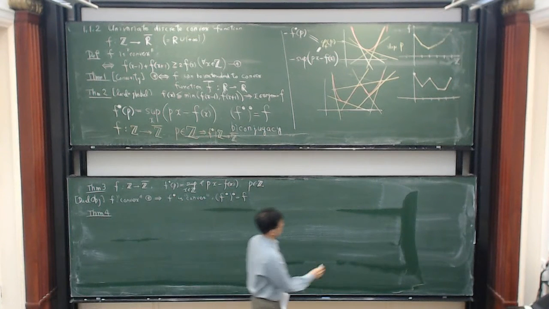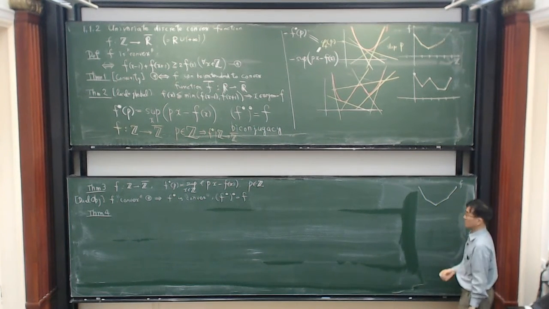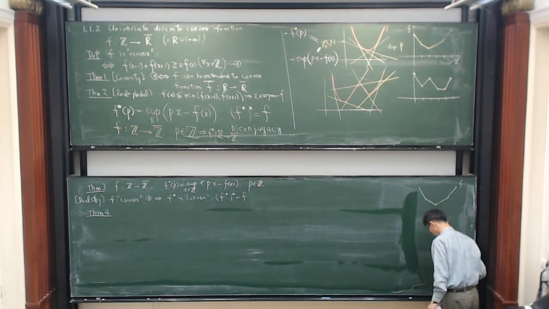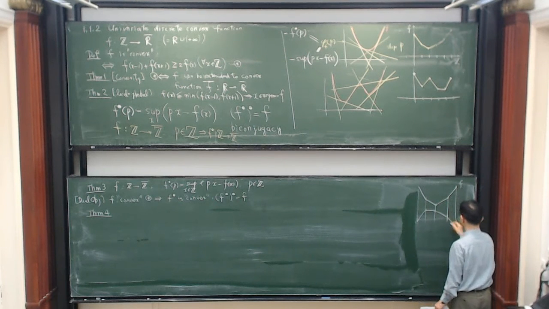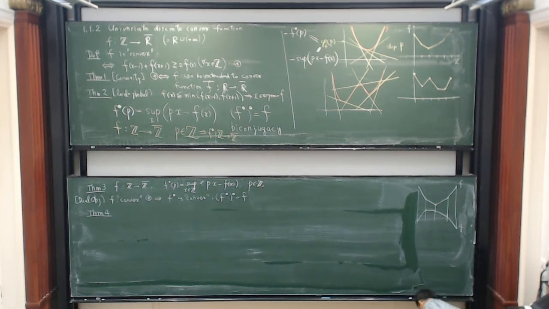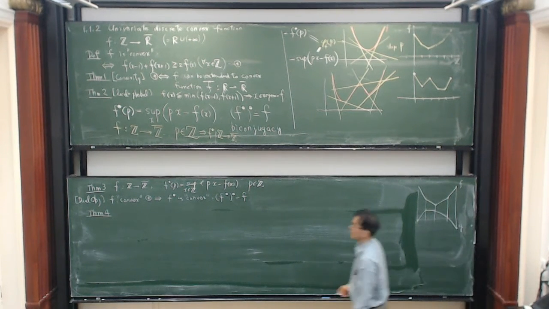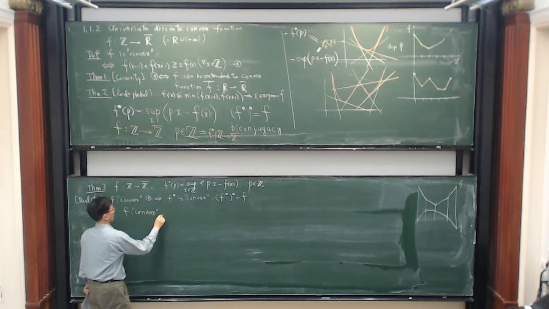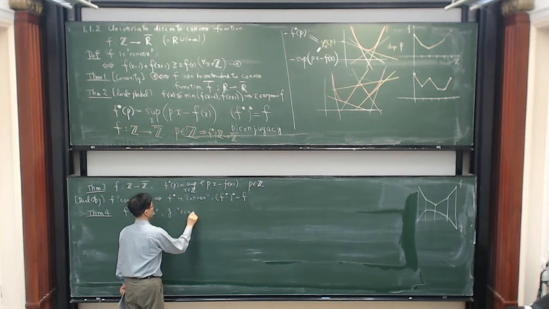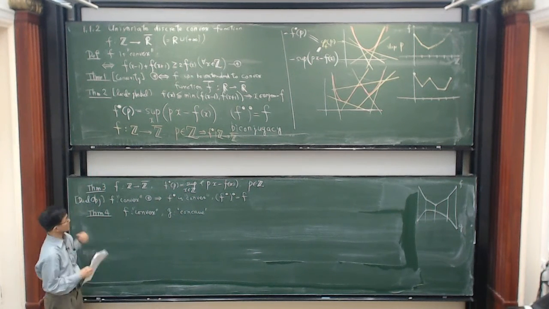If you have a convex function f and a concave function, say g, then the separation theorem says that if f is convex and g concave, where concave means that minus g is convex, that means that the inequality is reversed.